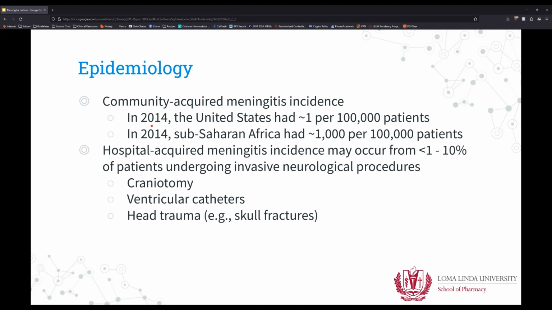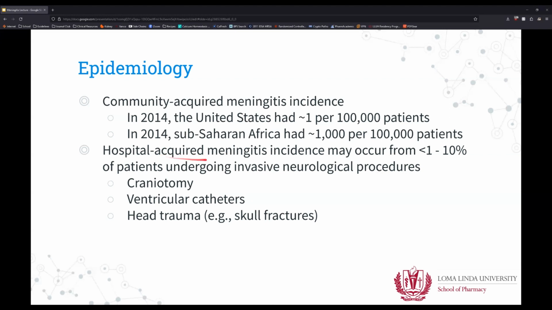In 2014, in sub-Saharan Africa, there were 1,000 patients per every 100,000 with community-acquired meningitis. This is vastly higher, and sub-Saharan Africa specifically is endemic and has a meningococcal epidemic going on, which is a risk factor we'll talk about later too.